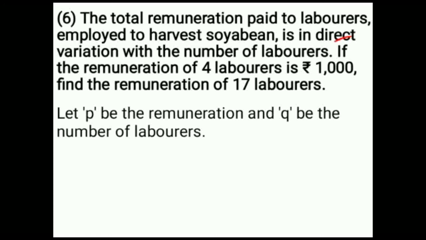Read this second sentence. If the remuneration of 4 laborers is ₹1000, I have taken P variable remuneration. So P is equal to ₹1000 and Q is equal to 4. Q I have taken number of laborers.